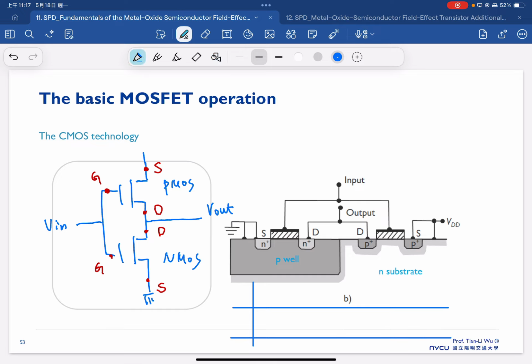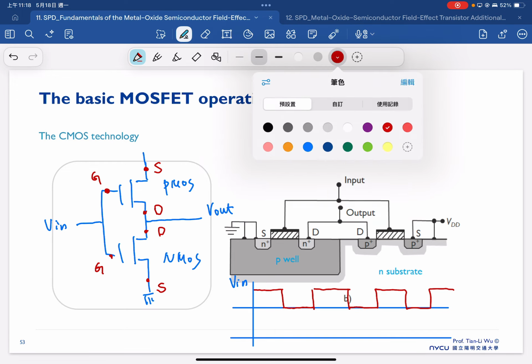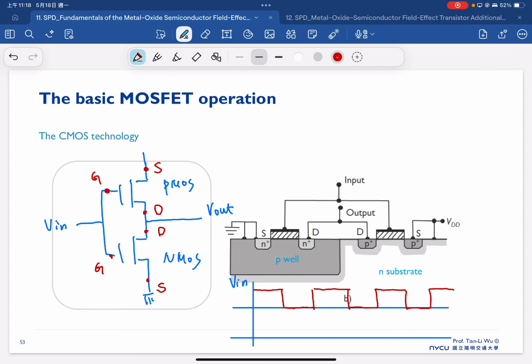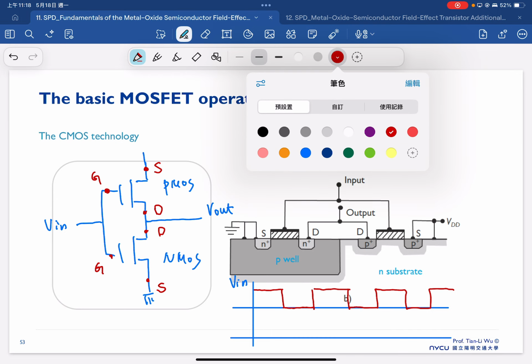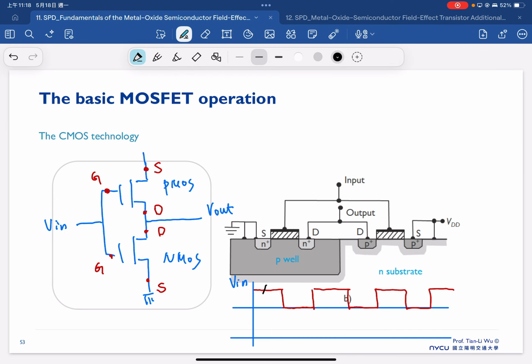We have the signal V in, and then we put 1 0 1 0. In digital logic, when we put a high, we consider it a 1, and when we put a low, we consider it a 0.